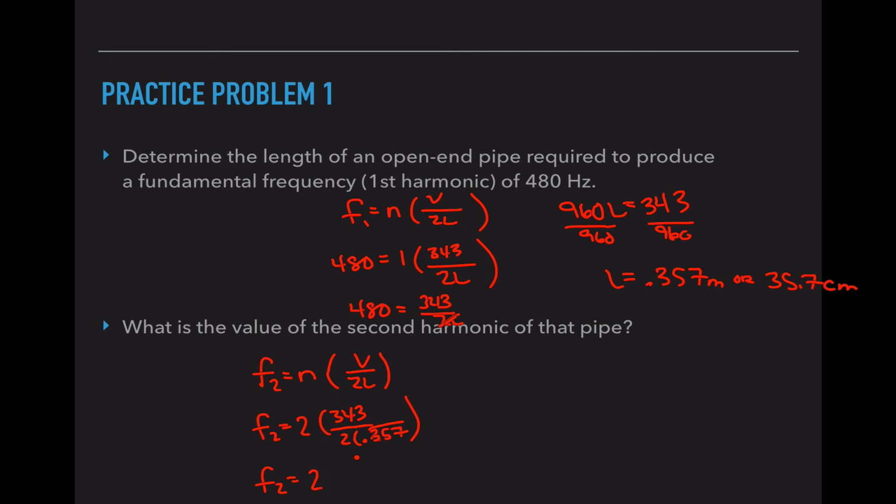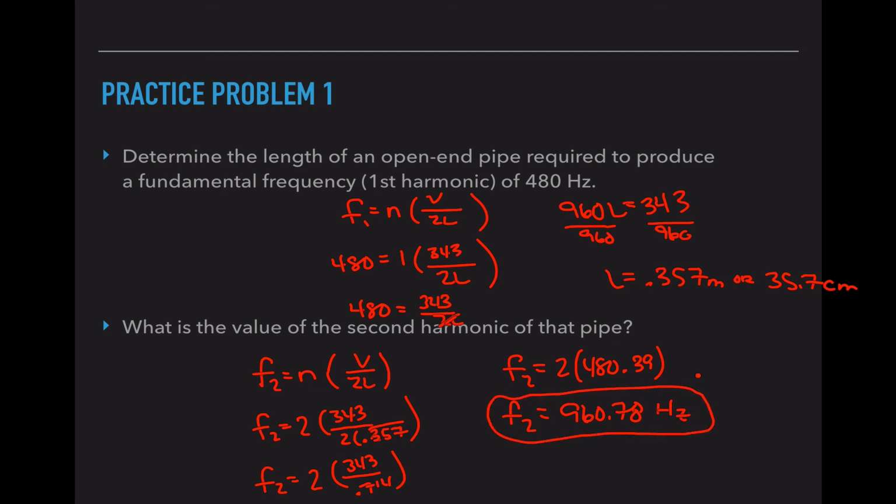F2 equals 2 times 343 over 0.714. F sub 2 is 2 times 480. So F sub 2 equals 960.78 hertz. Now this is the long way of going about doing that.